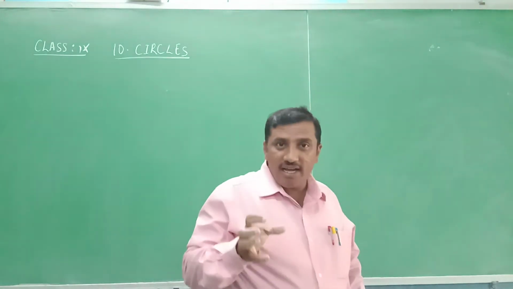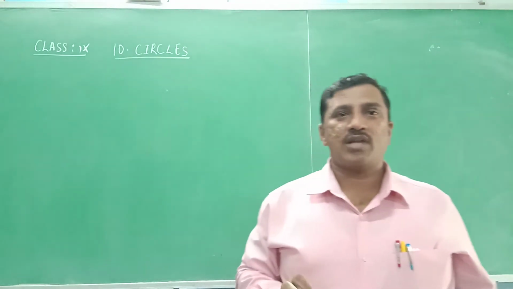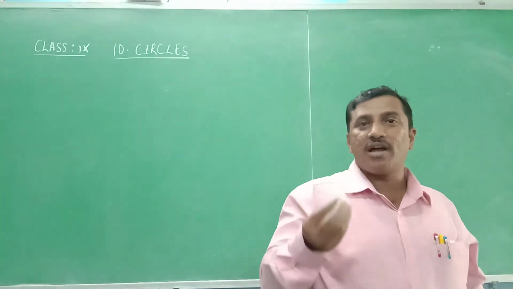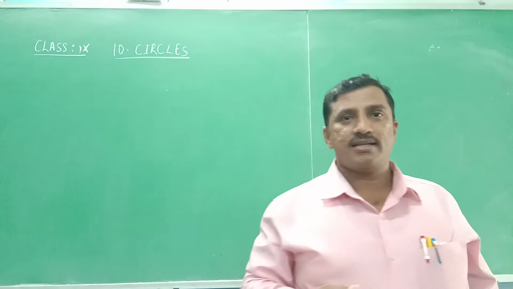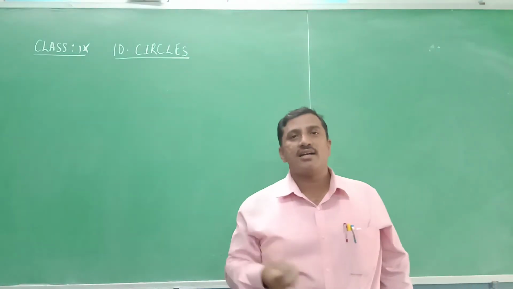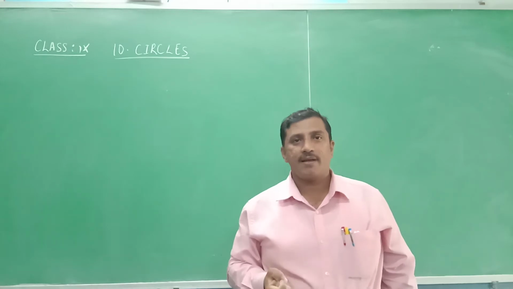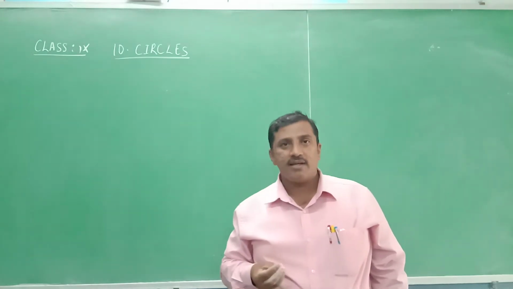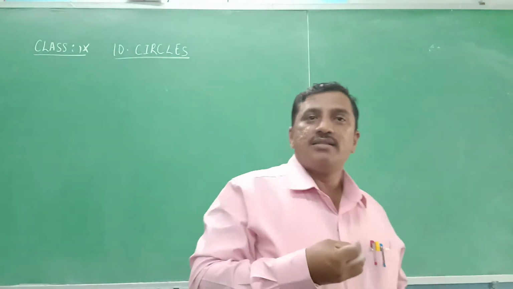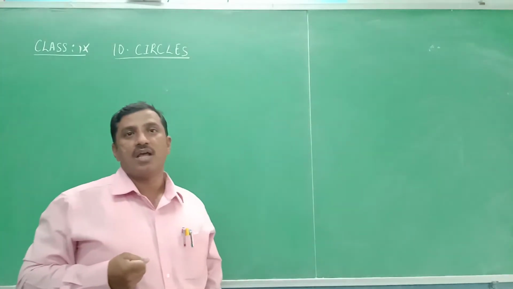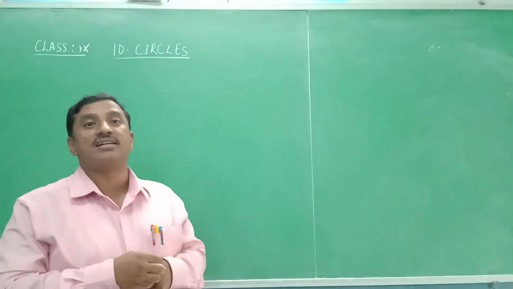It is a collection of points, a set of points, which are at a fixed distance from a fixed point. A set of points which are at a fixed distance from a fixed point is known as a circle.